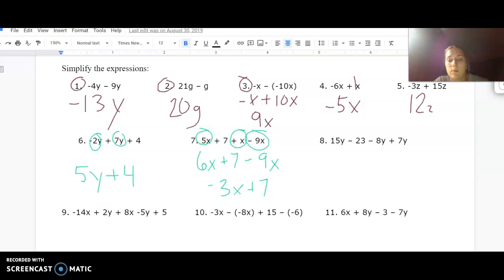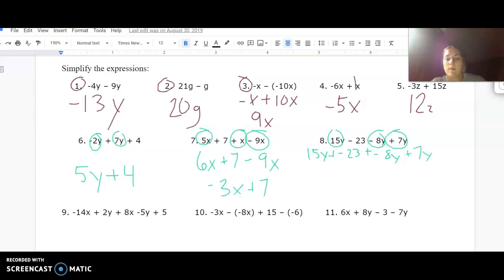Okay, as we move on to number 8, I see 15y minus 23 minus 8y plus 7y. So for this one, I am personally going to rewrite it as 15y plus negative 23 plus negative 8y plus 7y.